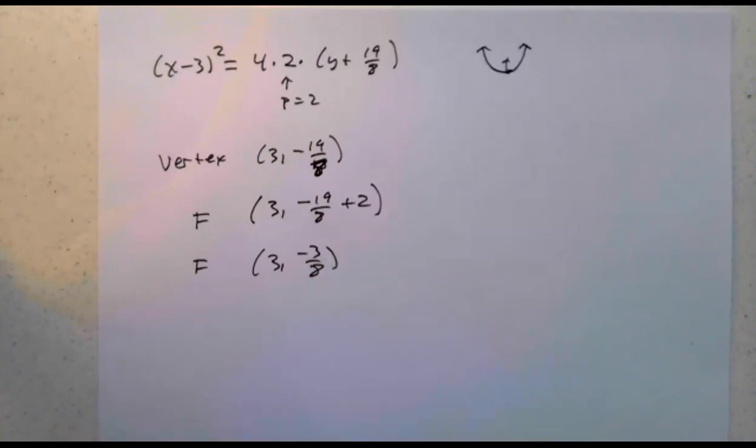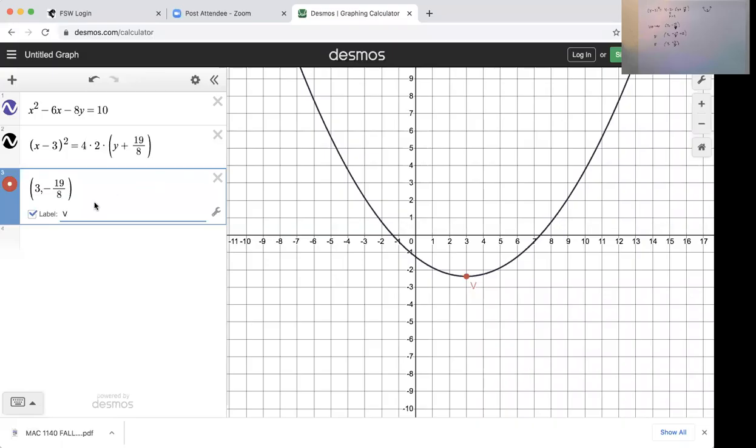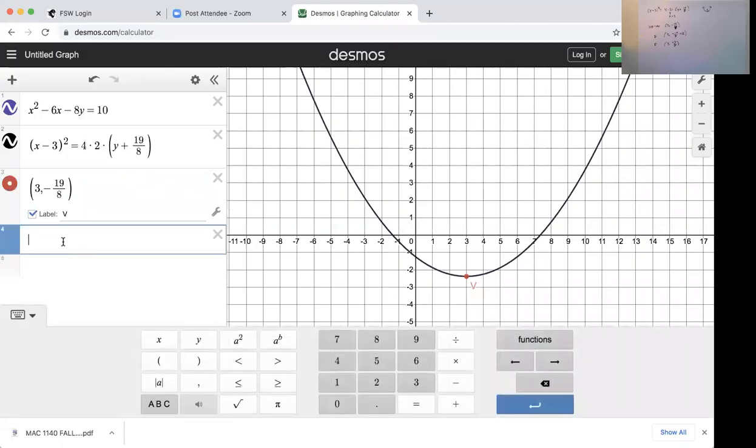Let's take a look at the picture, see if we can believe that. So we believe the focus is at (3, negative 3/8). And sure, that looks like it's 2 units away. Negative 16/8 is negative 2, so negative 19/8 plus 2 gets me to negative 3/8.